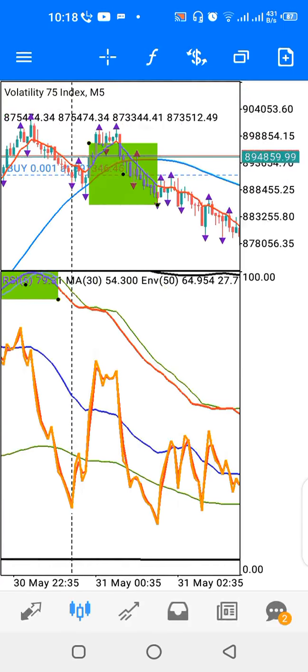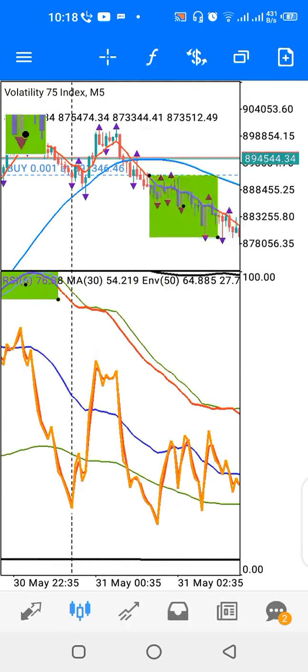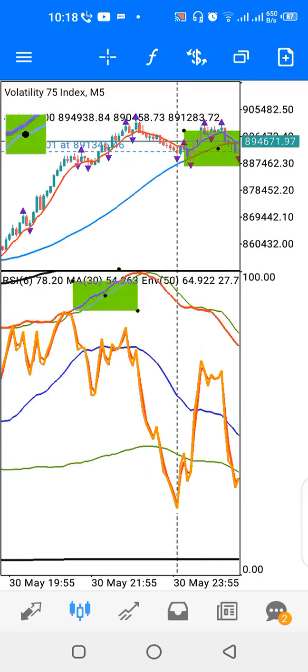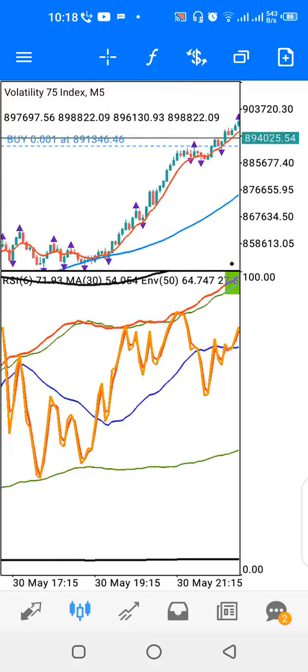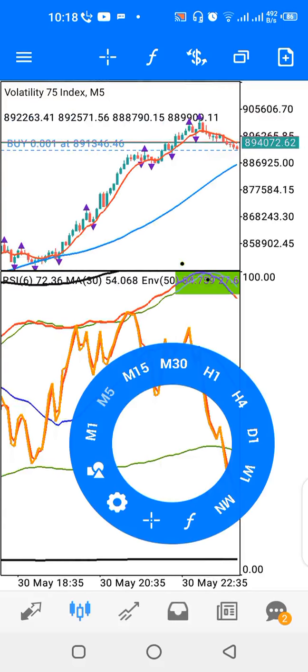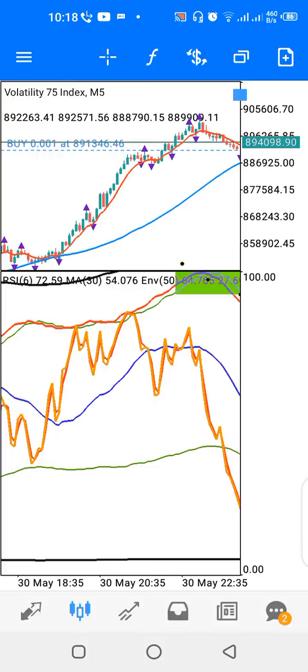You can see how price went down around here just because the upper envelope was able to curve upwards. So if the lower envelope, like we have this green area, is able to curve downwards to this black line below here, then that means price has met with some support level and then price will go up.